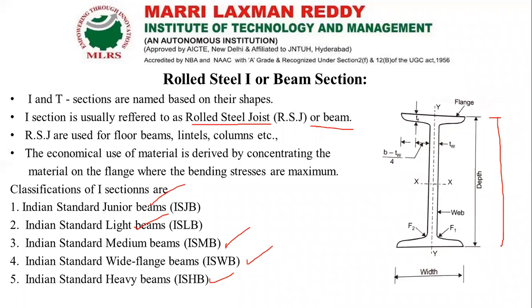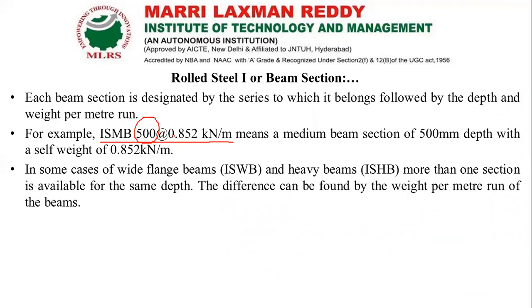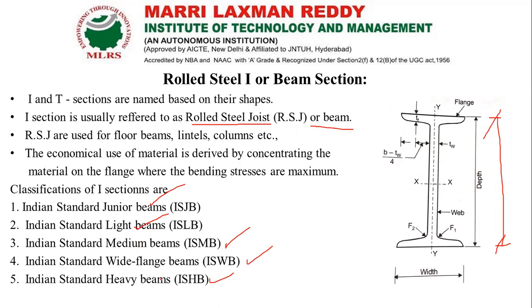Next, they have written 0.852 kilonewton per meter. So per meter length, it has a self weight of 0.852 kilonewton. Based on the weight, the classification of beams has been decided.